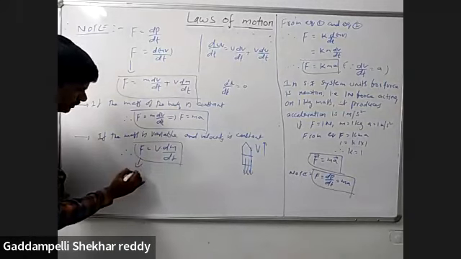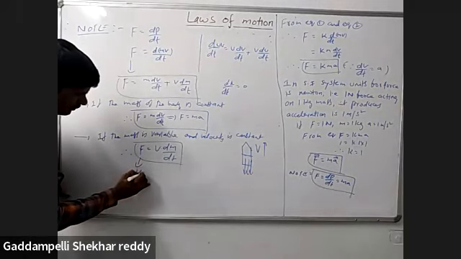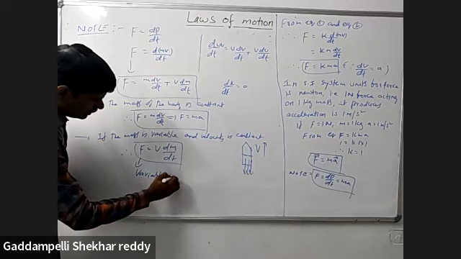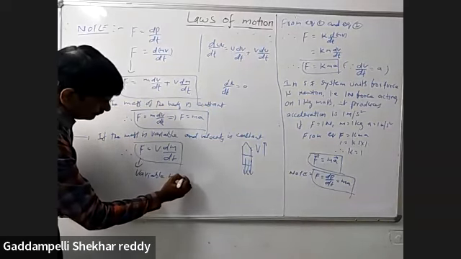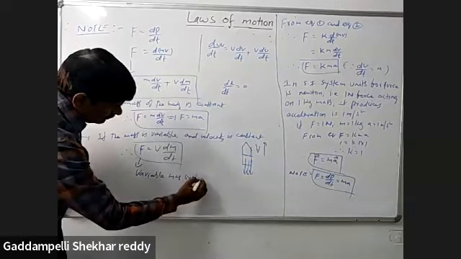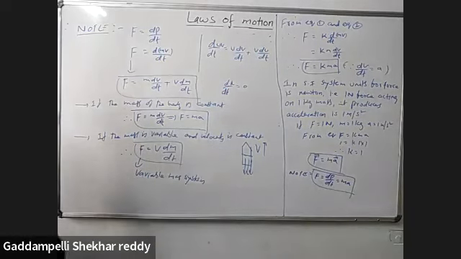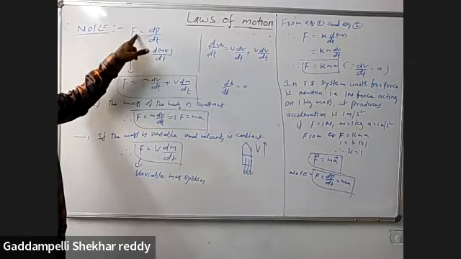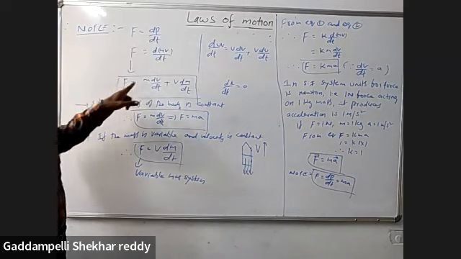This force is known as the variable mass system. Generally, force is dp by dt according to Newton's second law, which is equal to d(mv) by dt.